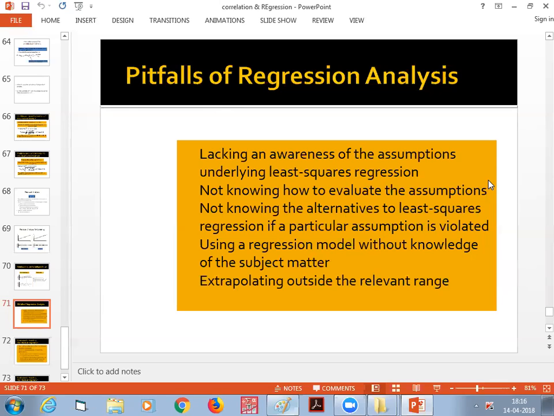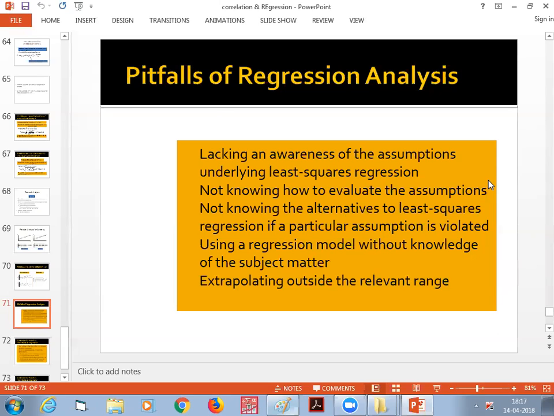If all the assumptions are satisfied, then we have the least squares method to estimate the parameters. In the regression model, we have y equals beta naught plus beta 1 x1 plus beta 2 x2, etc., where beta naught, beta 1, beta 2 are coefficients. They are the parameters, and they have to be estimated from the sample data.